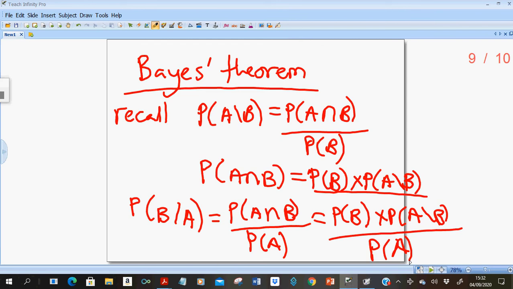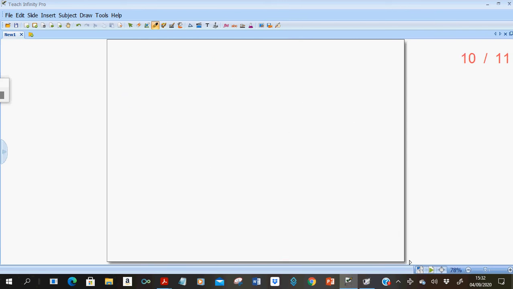Okay, so that is our starting point. So we move on. Bayes' theorem is actually an extension of what we have just seen. So let's look at an example.